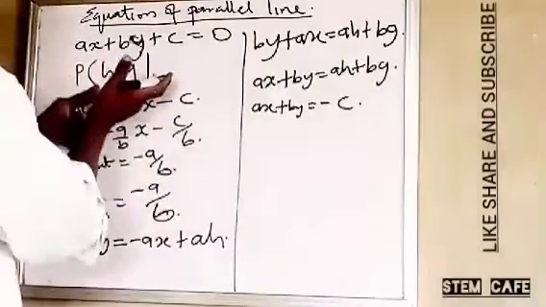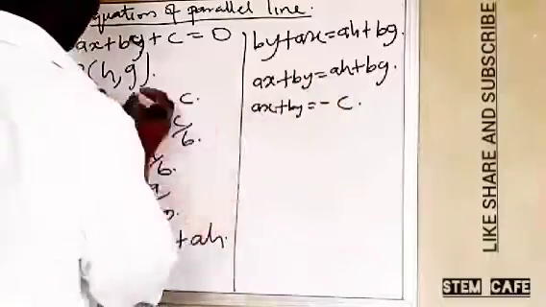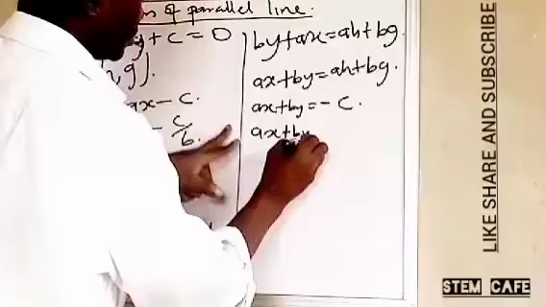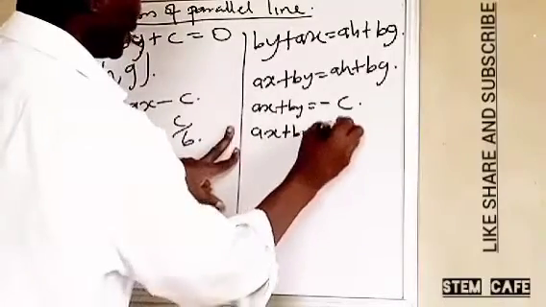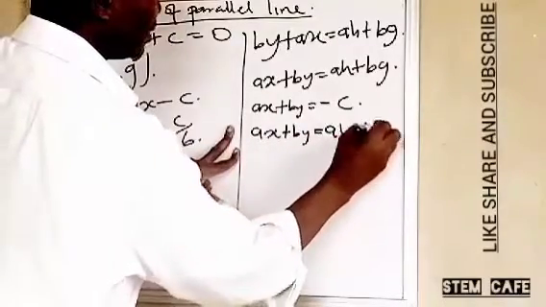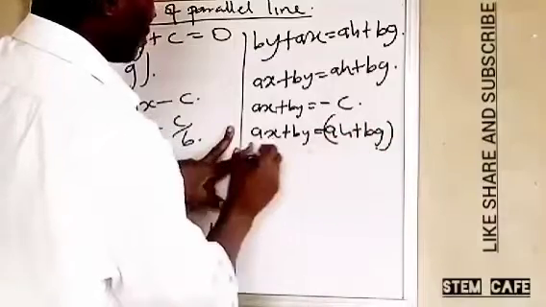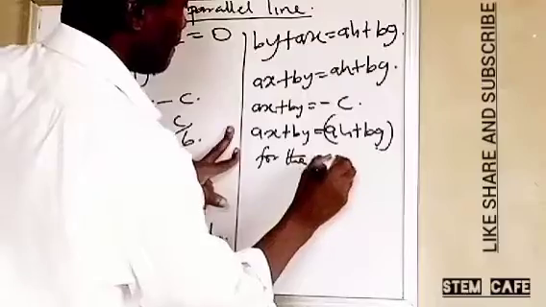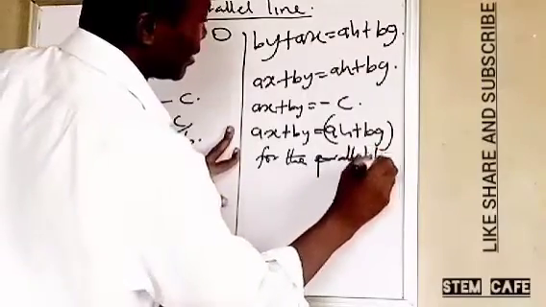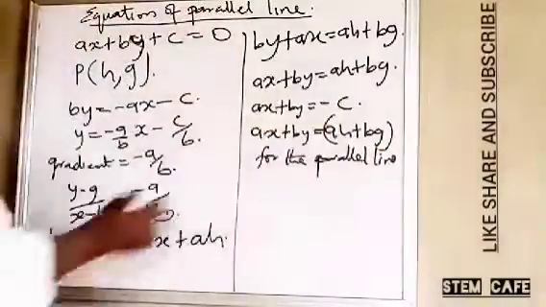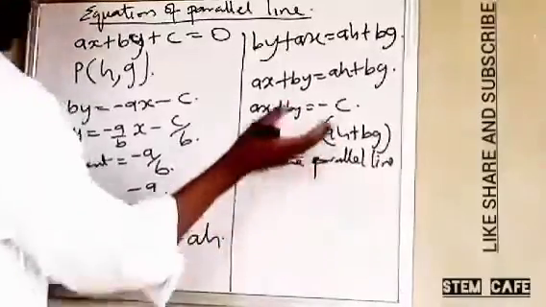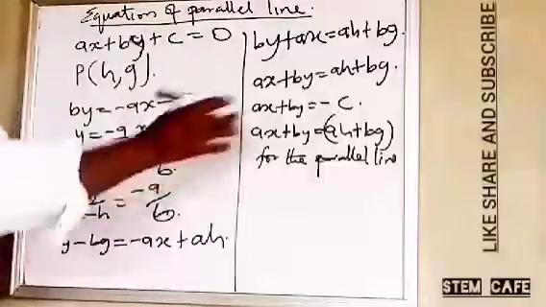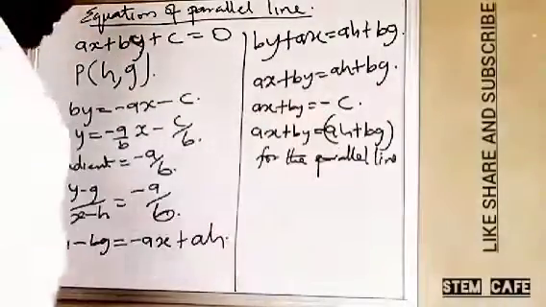So for the line that passes through this point, all I need to do is to say ax + by is equal to ah + bg for the parallel line. So the only thing that differs is the constants. Other parts of the equation remain the same. So you don't need to go through all this working. Just go there straight and you get your answer.